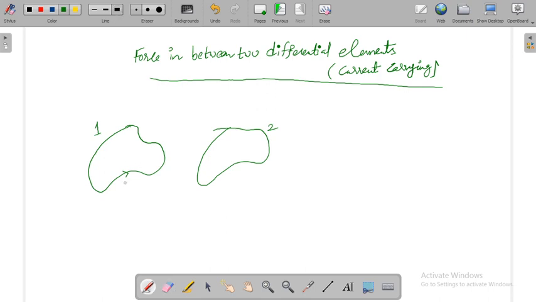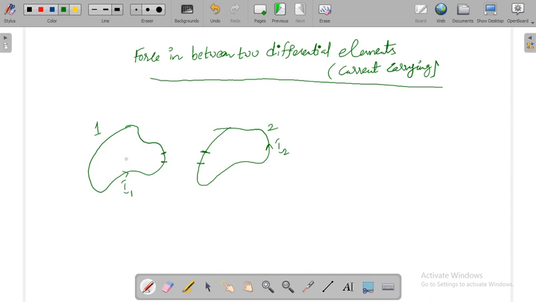I am assuming the current carried by the first conductor as I1 and the current carried by the second conductor as I2, and I want to find the force in between these two differential current elements.